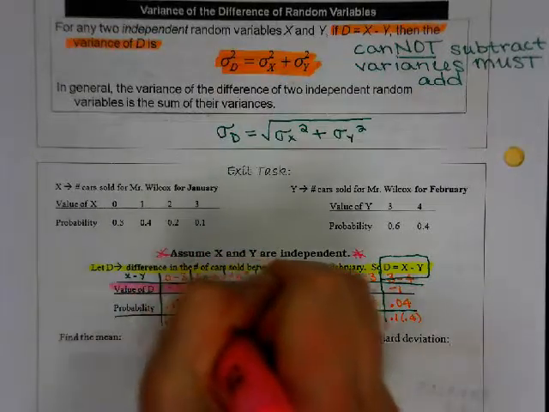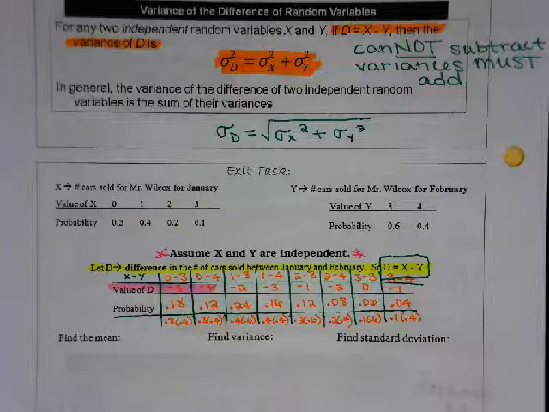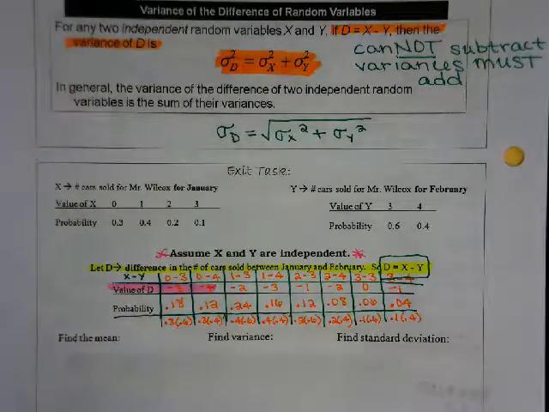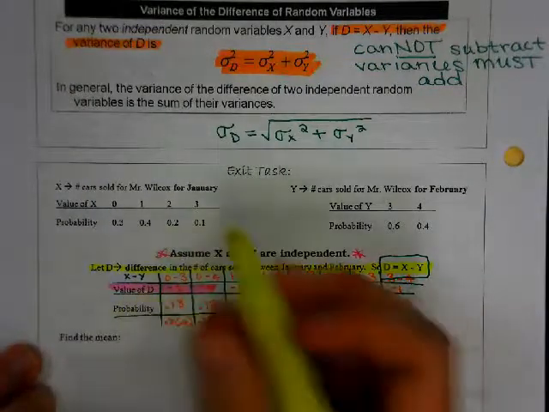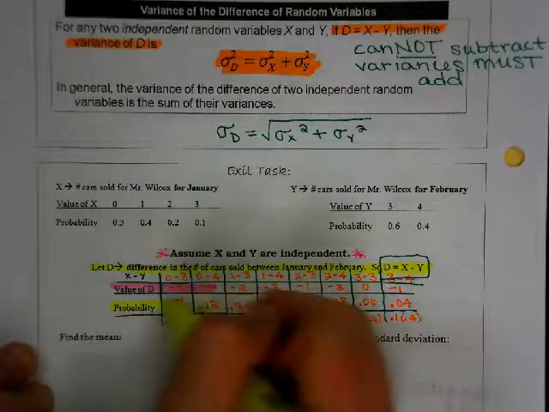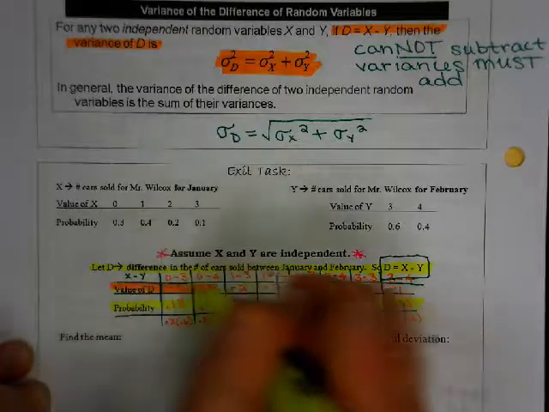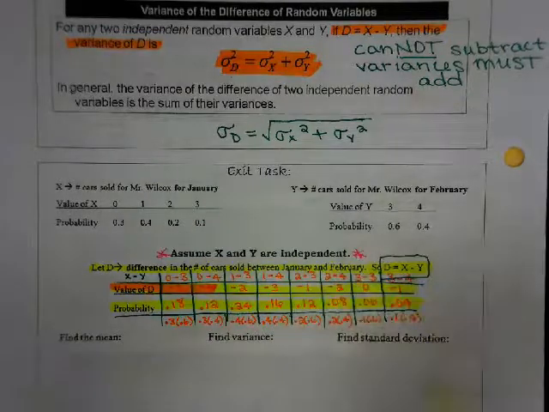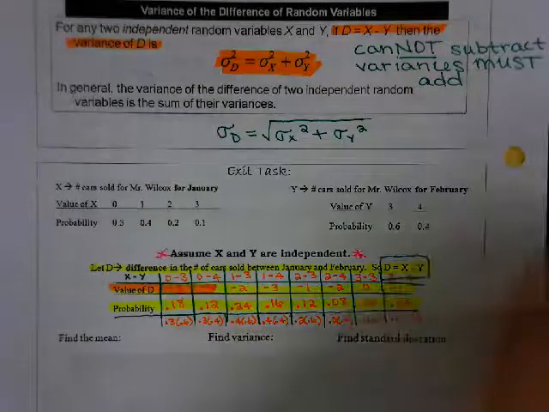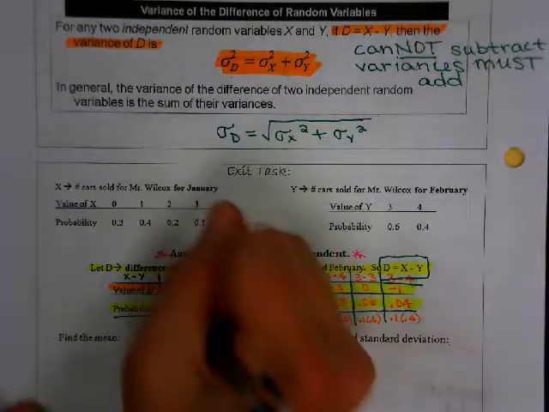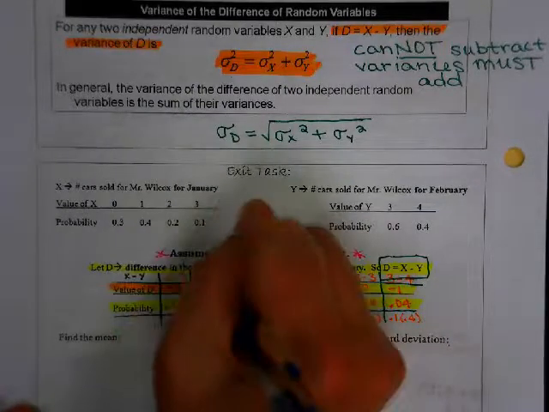You're going to put the values of D in list 1, and then all the probabilities in list 2, or 3 and 4, if you want to keep your other stuff. I apologize that those first 2 numbers disappeared on us. I didn't even think pink over orange wouldn't allow it to show through. Find the mean, variance, and standard deviation. Please.